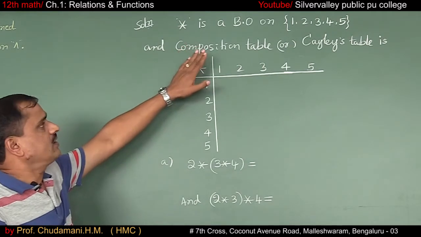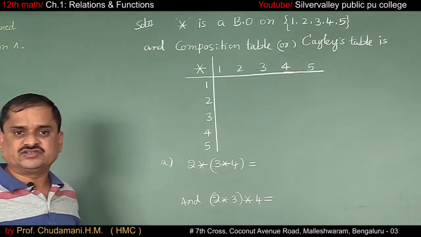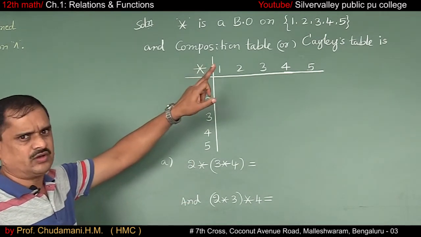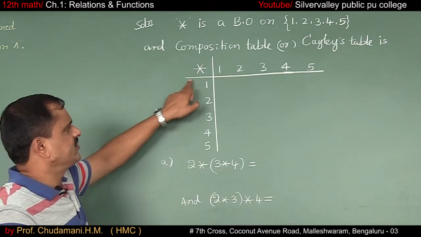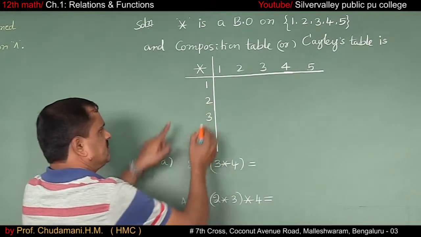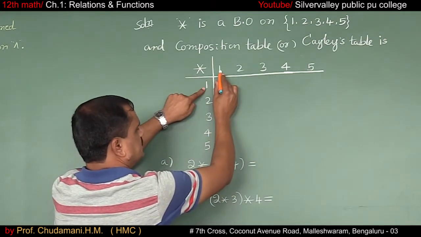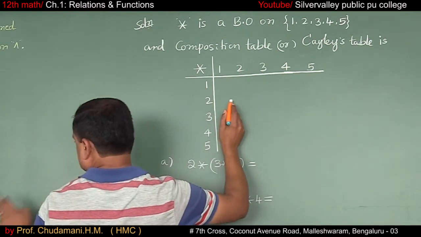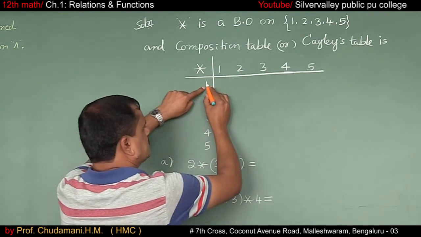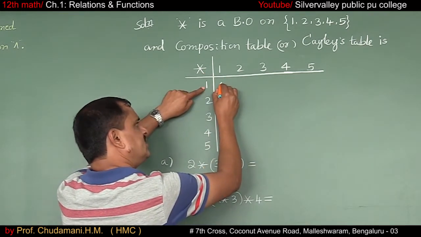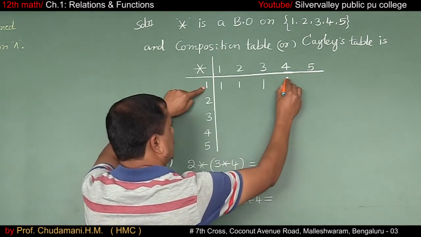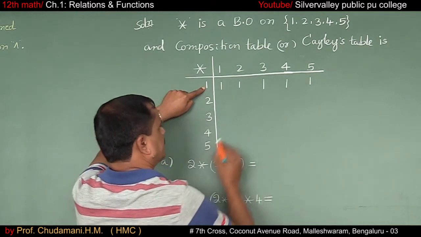Solution. Star is a binary operation on the set 1, 2, 3, 4, 5, and the composition table, or Cayley's table, is like this. The operation star, 1, 2, 3, 4, 5 along the row and the column. Now 1 star 1 is defined as HCF of A and B. Highest common factor of 1 and 1 is 1. 1 and 2 is 1. 1 and 3 is 1. 1 and 4 is 1. 1 and 5 is also 1.